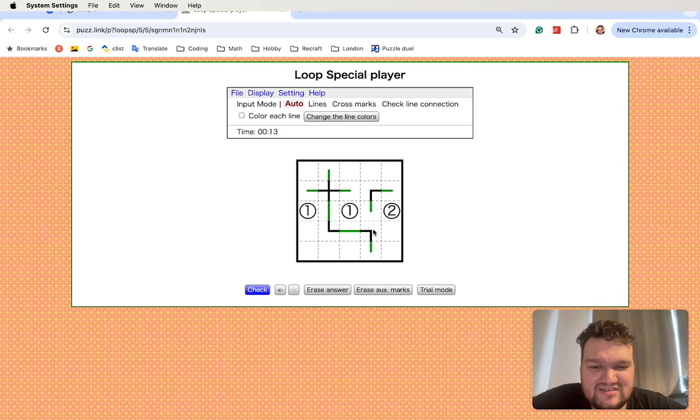We cannot extend here. The interface doesn't even allow me to extend here, because otherwise the part that is in the cell would be drawn. So cannot go here, cannot go here, cannot go here, but can intersect here if I want.